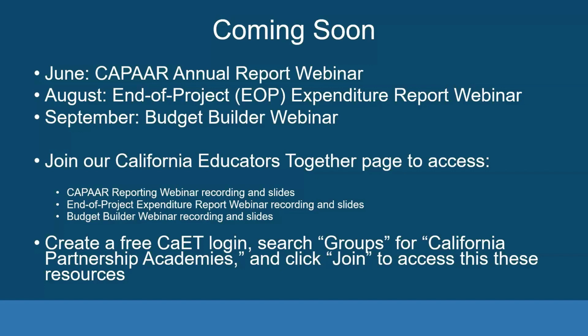You can absolutely get help from your entire team. So hopefully you're collaborating with your fiscal team at the district office. Same goes for the KPAR report, right? You want to lean on your team for a lot of this data. This is why we give access to more people than just the academy coordinator. The district financial officer and fiscal analysts also have access in KPAR to the EOP, and they can help you work on this. So make sure you're working as a team and communicating with your entire CPA team.